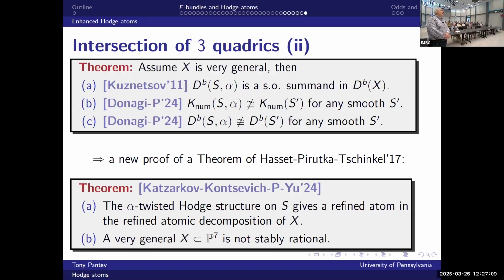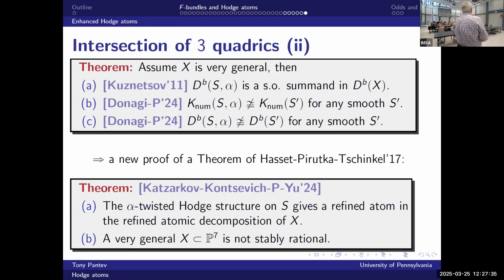Again, Kuznetsov's quadric bundle theorem tells you that this is a semi-orthogonal summand of the derived category of X. Then Ron will show you how you can check that the numerical K-theory of this gerbe is not the numerical K-theory of any smooth surface, which in particular implies that the category is not equivalent to the derived category of any smooth surface.